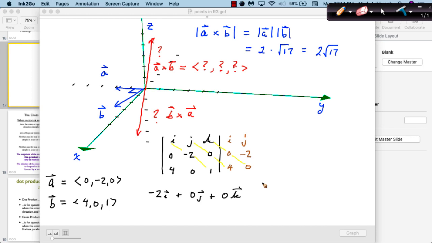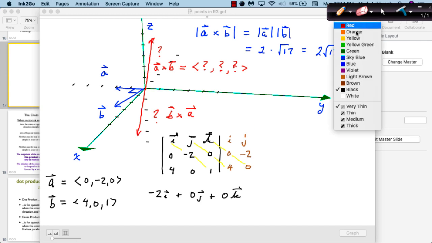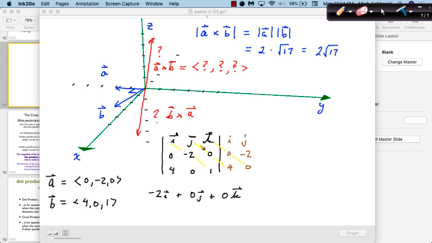Am I good so far? Do you see that? And then I've got 3 diagonals that go down to the left: 1, 2, 3. I'm going to multiply down to the left on each of those 3 diagonals, and I'm going to subtract all those.